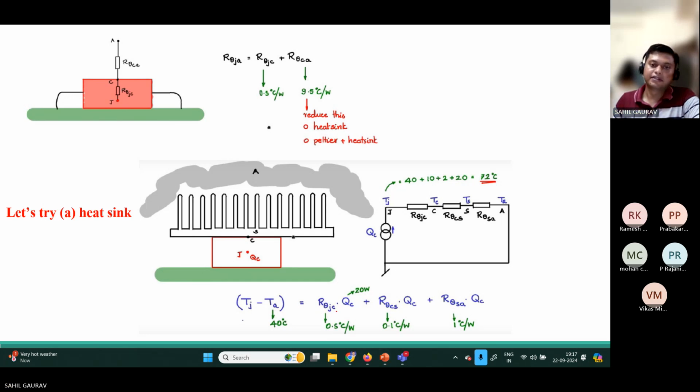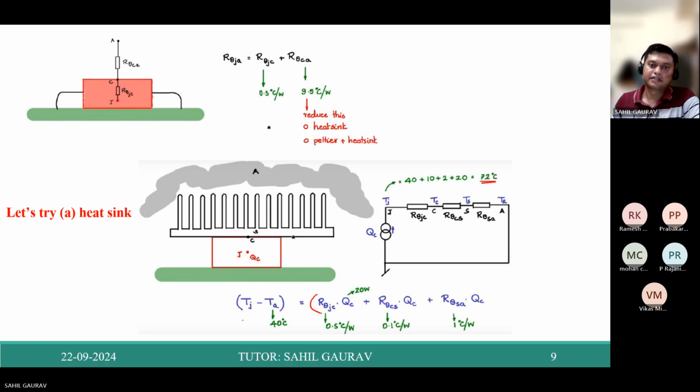10 degrees Celsius. And R theta CS is 0.1 degrees Celsius per watt and Qc is 20 watt, so it will come as 2 degrees Celsius.